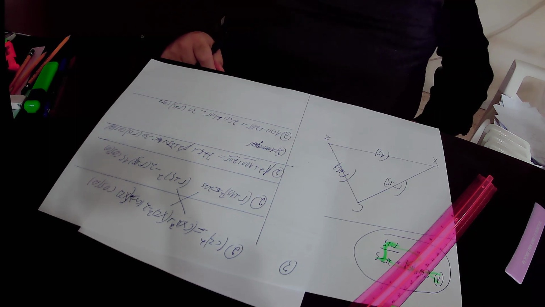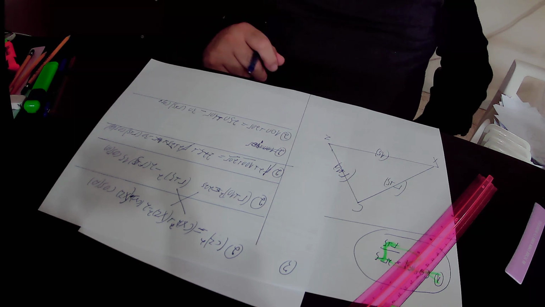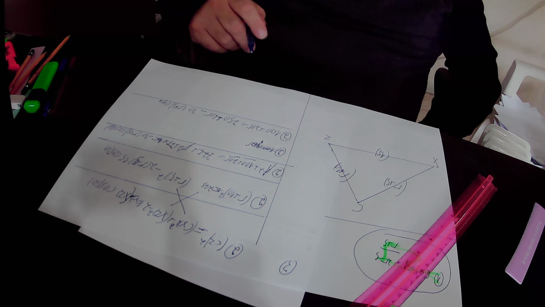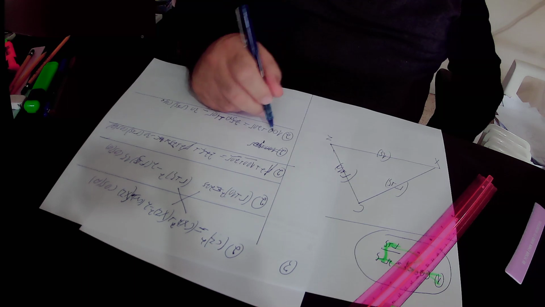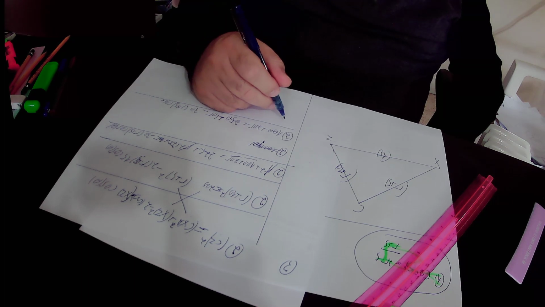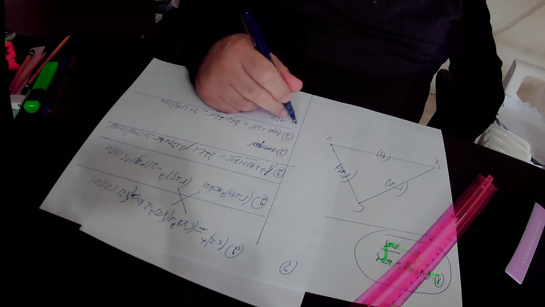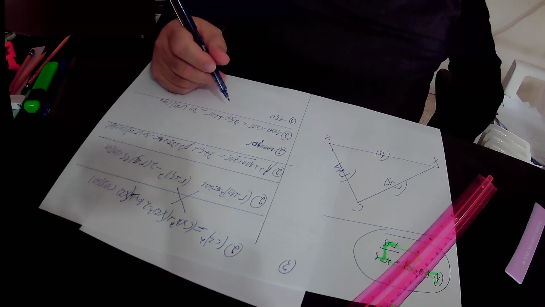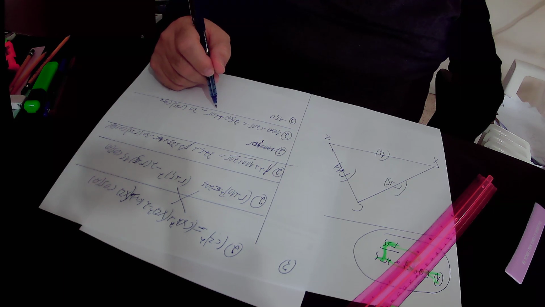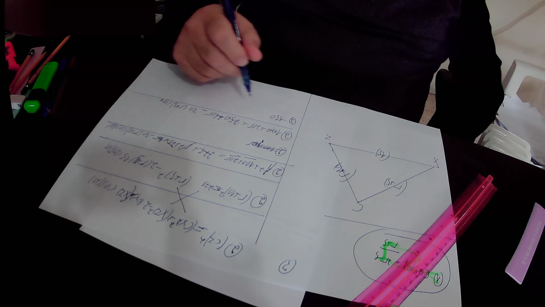So we will subtract 250 from equation number 2, and we will get that 100 minus 250 is minus 150. We will subtract 10r from equation number 2, and we will get that 20r minus 10r is 10r.